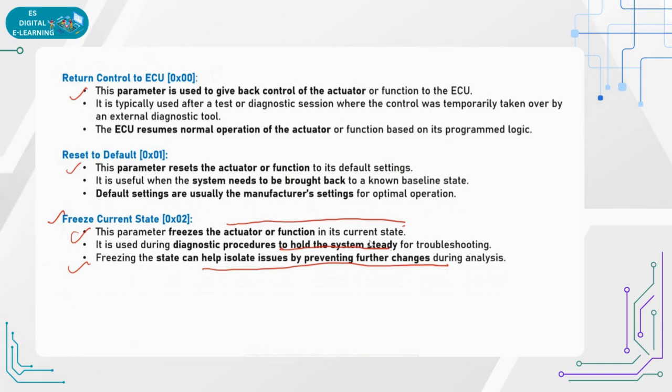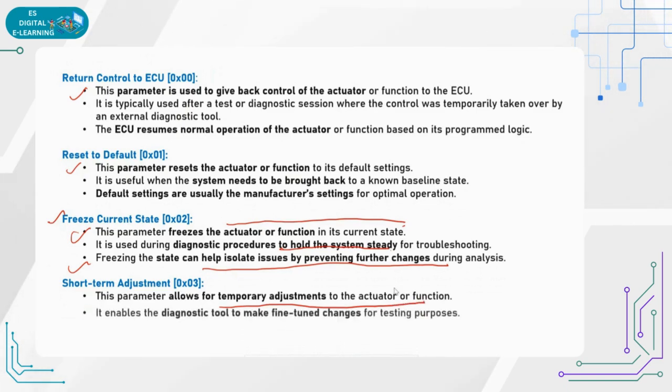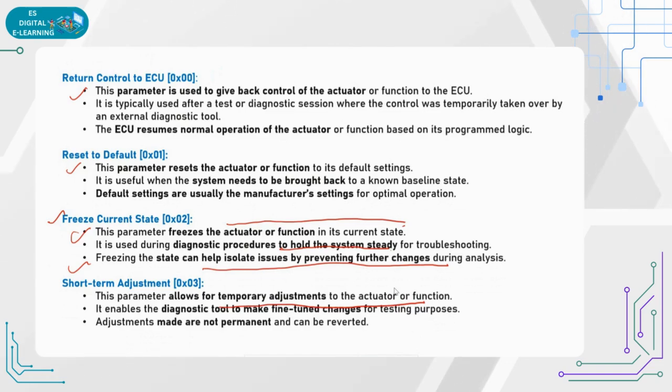For troubleshooting, I added this info for you to understand. And short-term adjustment is 03, where we temporarily adjust the values for the actuators or functions. These are the 4 sub functions we have, and whatever I underlined is important for you to remember.